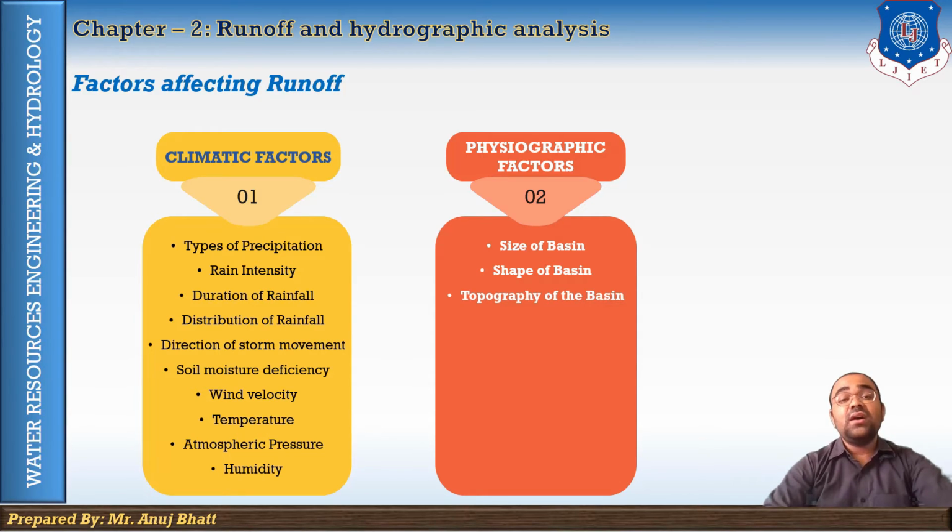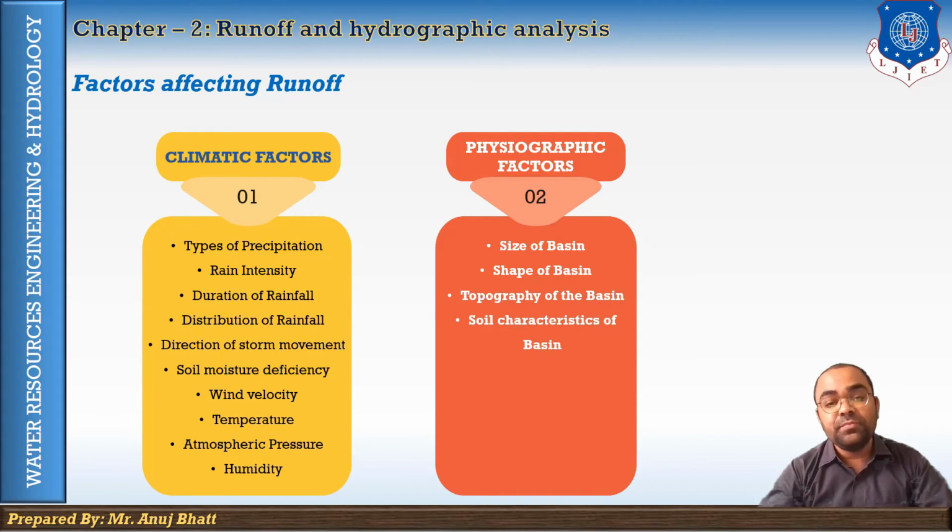So if slope is more, velocity of the surface runoff or the overland flow is more and infiltration will be less. So the runoff generated by the rainfall quickly arrives at the outlet, producing more runoff peak. Talking about the soil characteristics of the basin, if the basin area consists of rocky or clay soil, the runoff will be more.